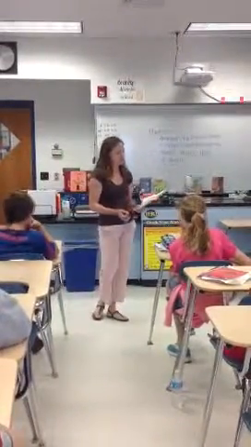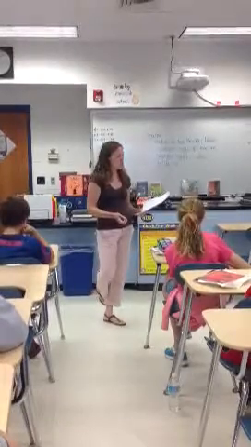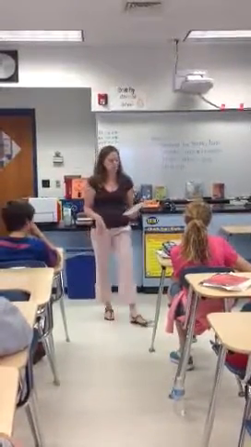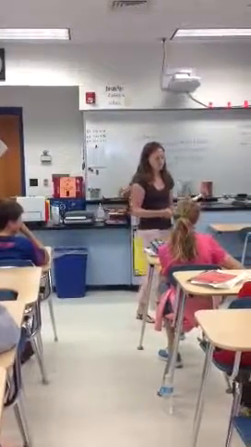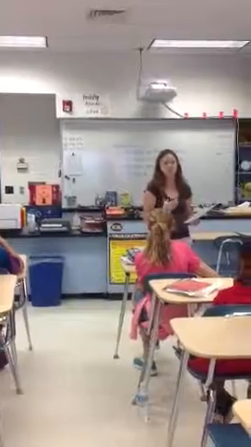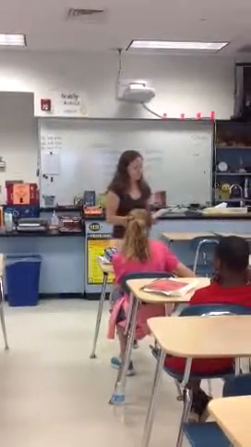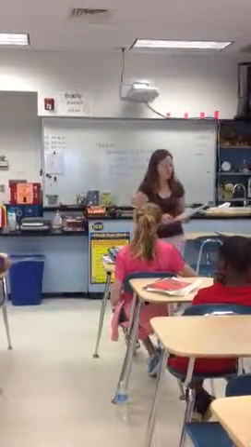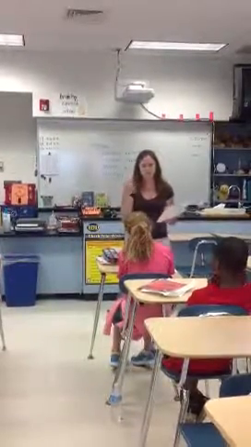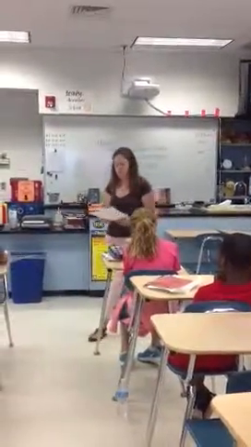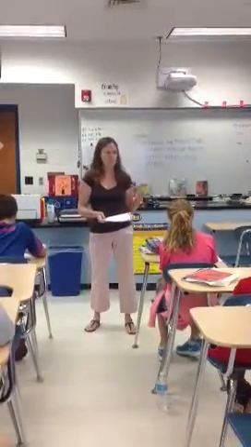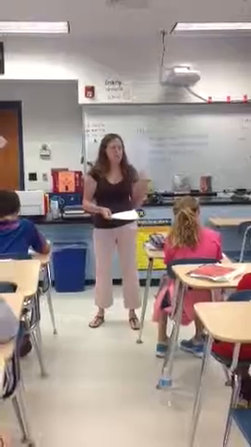So the first one is you're going to find words and images that make me smile or laugh within the story. The second one is smells, sights, sounds that bring tears to my eyes, something that made you feel sad or upset. The next one is words and phrases that paint a picture, something that's really vivid in your mind. The next one says words that make noise, something that maybe is loud to you.